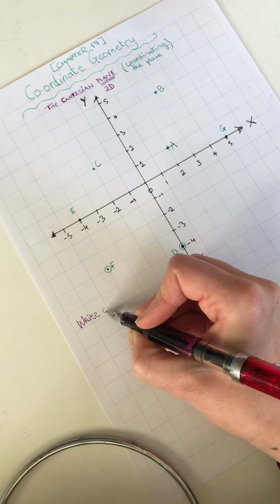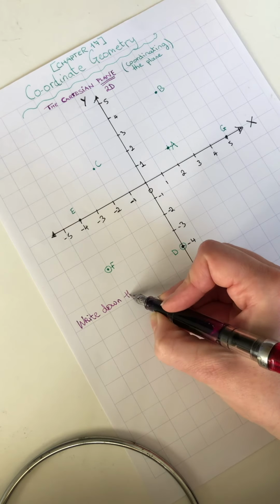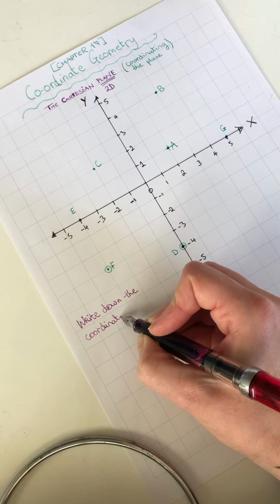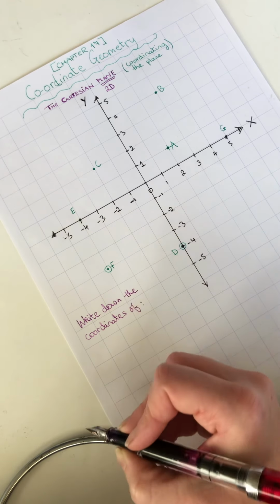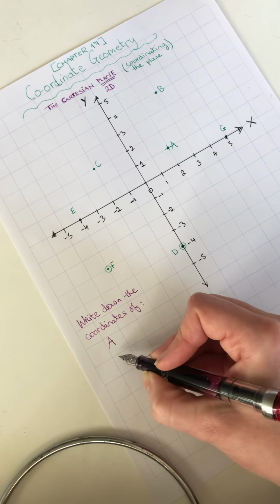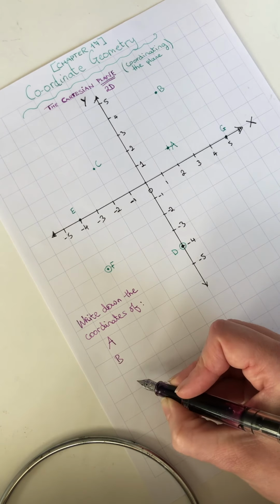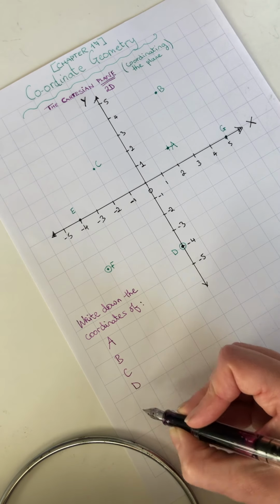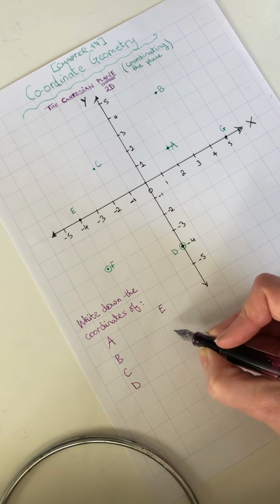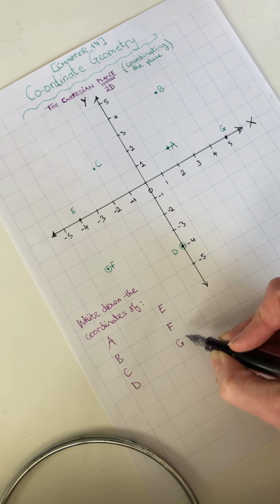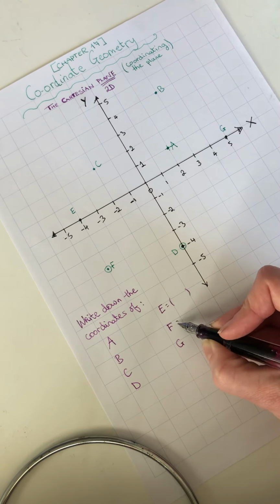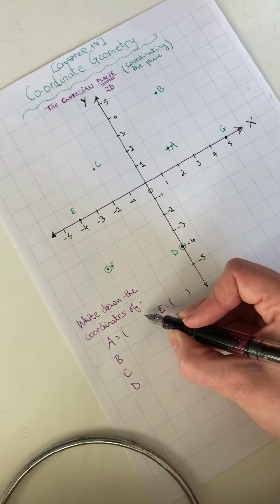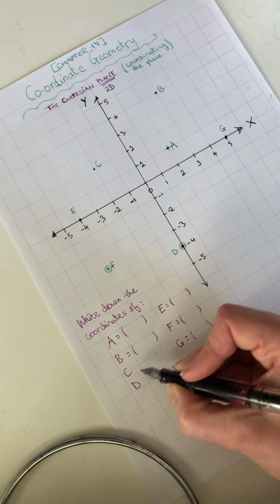Write down the coordinates of the points A, B, C, D, E, F, and G. All points are always written using two numbers inside of round brackets.